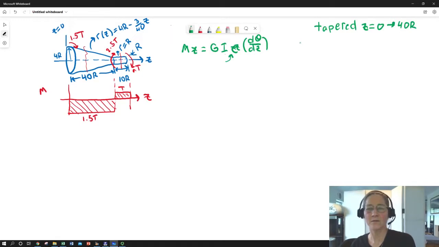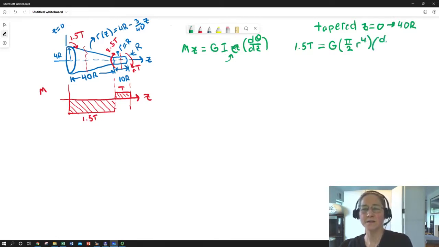I have my moment, 1.5 times T, and that's going to be equal to the shear modulus of my material times IZZ. It's still a circular cross section, so I can say that that's equal to pi over 2 times r to the 4th, times whatever my twist rate is, d theta dz, which I'm probably going to want to solve for.